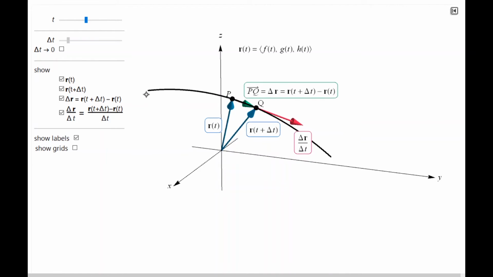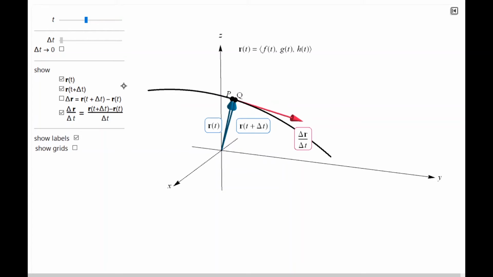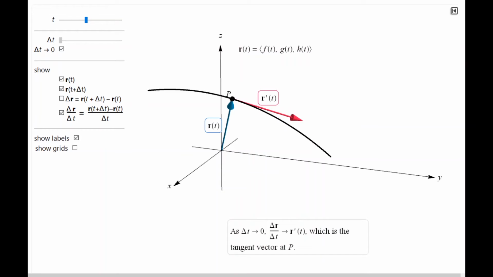And as we make delta t smaller and smaller, we see that delta r, the green one, just goes to 0 as it should. But in red, the ratio still is finite. It doesn't go to 0, so let's just get rid of the delta r. And now you could see delta r over delta t. And we take that limit as delta t goes to 0, and we get the red vector.